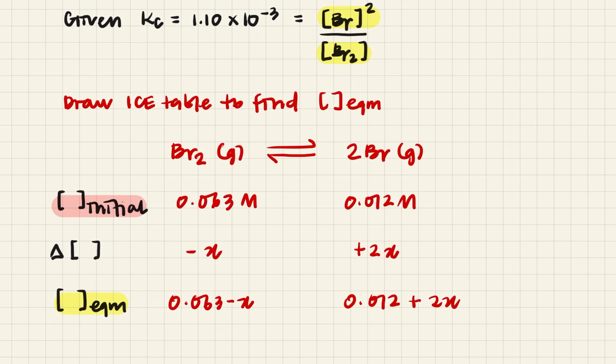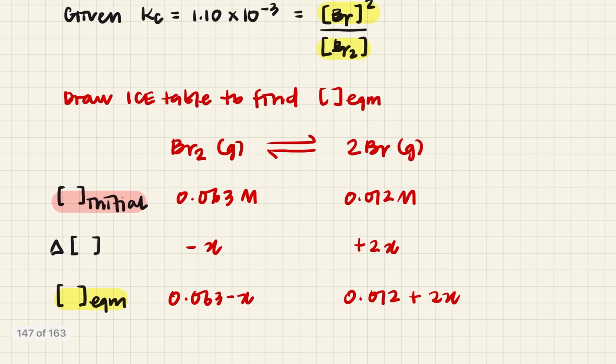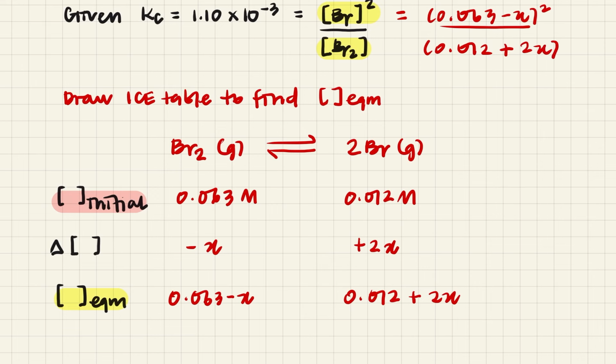So just equate them. Kc equals Br2 squared, so 0.063 minus x squared over Br2 not squared, so 0.012 plus 2x. So from here you can make your quadratic expression.